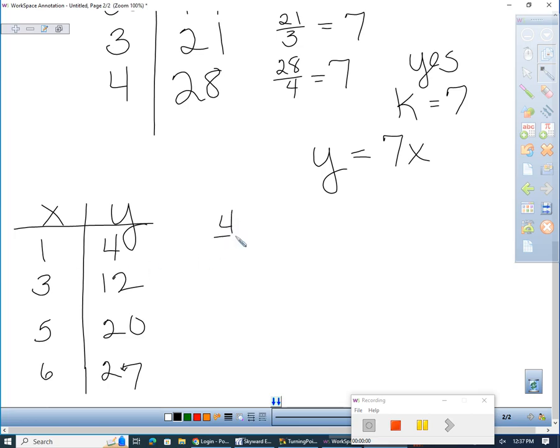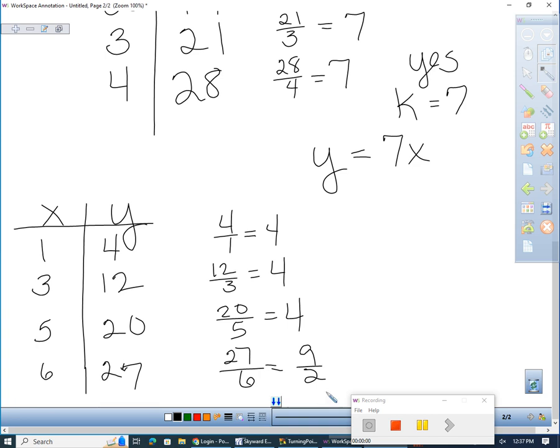So this is 4 over 1, which equals 4. This is 12 over 3, which equals 4. 20 over 5 equals 4. 27 over 6 equals, right? It actually reduces, but it doesn't equal 4 for sure. 27 over 6 is 9 over 2, or 4.5. So since they are not all the same, this would be no, and you would stop. All right? Okay.